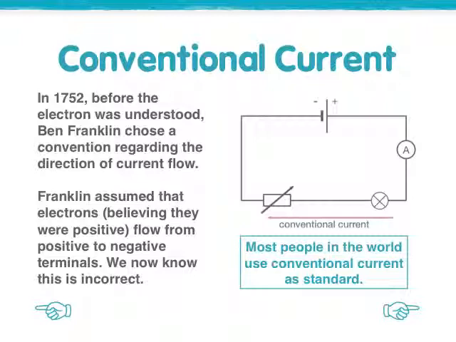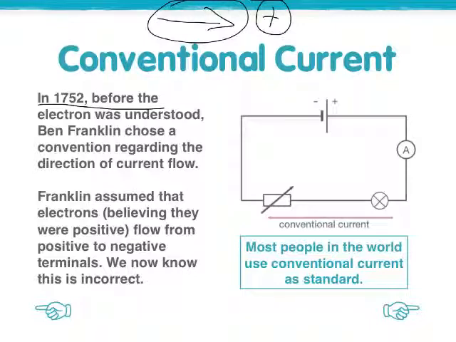So we mentioned how current was electrons moving towards a positive terminal. I wish it was that easy. Unfortunately, that's not the way that we refer to the direction of electric current, because in 1752, before the electron was actually even understood, so they didn't really know these electrons existed, Ben Franklin chose a convention regarding the direction of current flow.